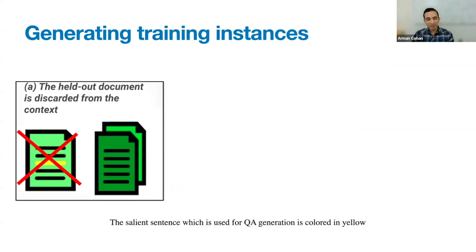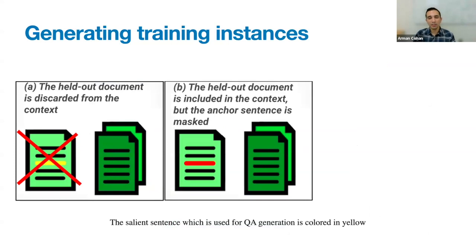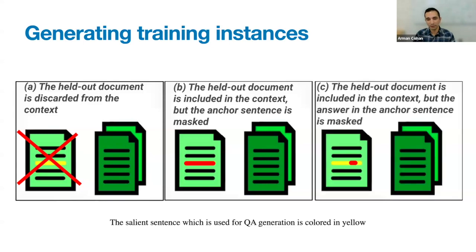The first type of instance is like you completely hold out the document from which you generate the question. Then you can actually include the document, but hold out the sentence from which you generate the question. And third, you might also keep that sentence, but just mask out the actual answer.